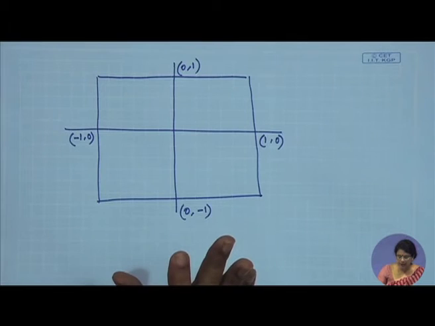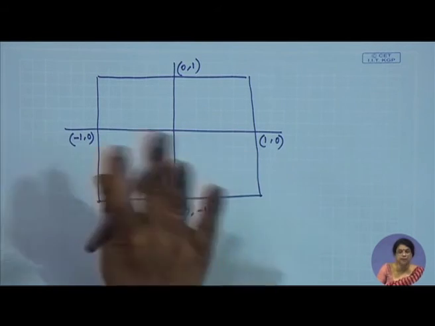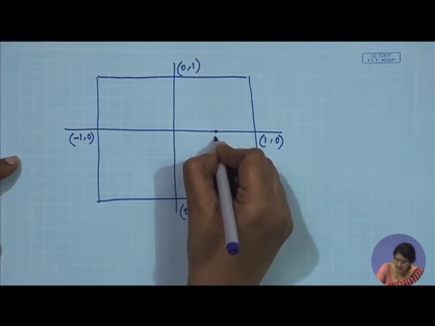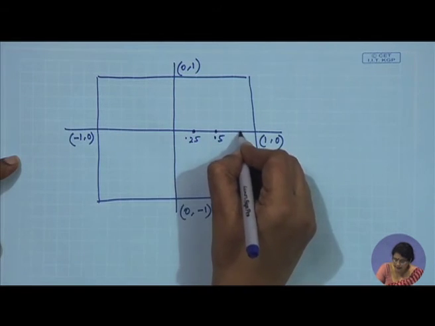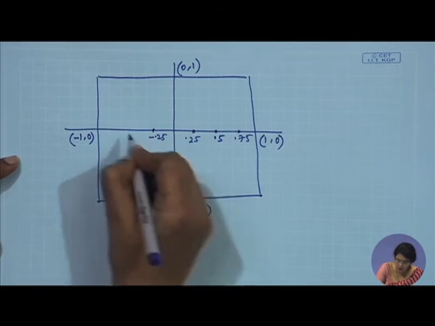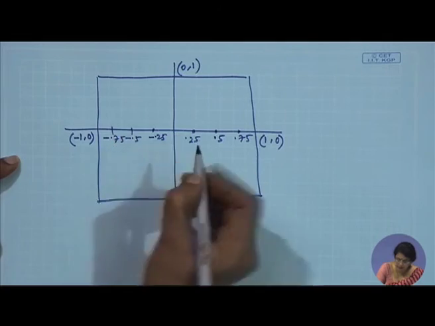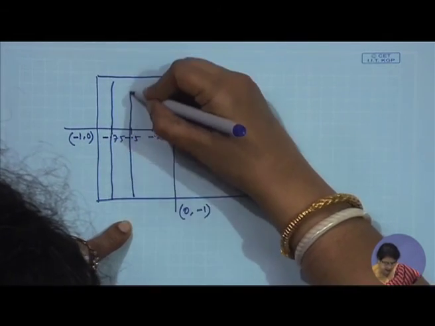In the grid search technique, we just divide the whole space with grid points. Let me consider a grid step like this: 0.25, 0.5, 0.75 on the positive side, and minus 0.25, minus 0.5, minus 0.75 on the negative side. I can take the grid like this.